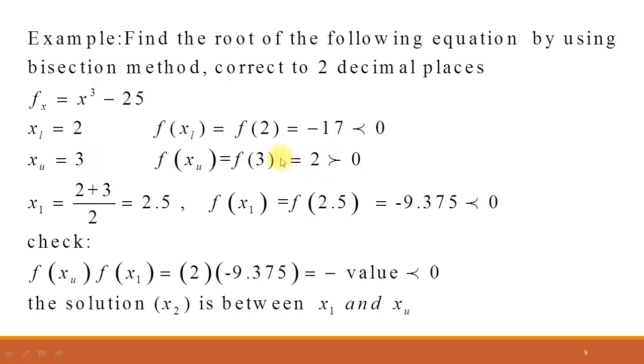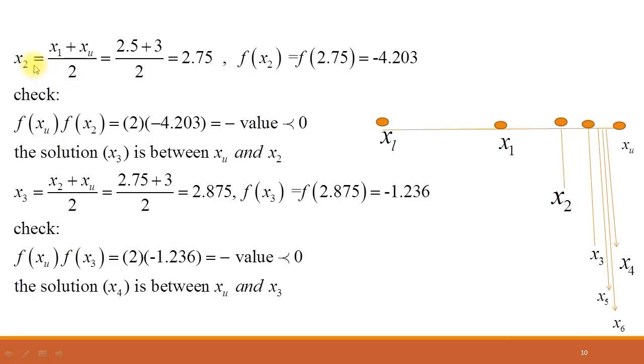So the next root x2 lies between x1 and xu. So x1 plus xu divided by 2, the value of x1 and the value of xu divided by 2, is equal to 2.75. This is the next root x2.